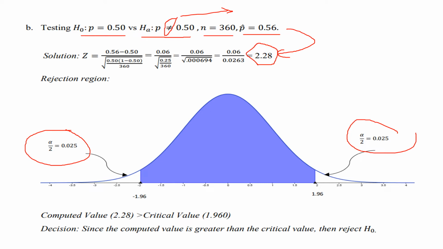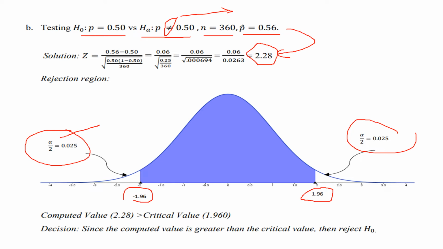Based on here, once we divide your alpha or your level of significance by 2, that will be 0.025. And for the critical values on this two-tailed test, we just simply use the table that we presented a while ago. So that will be negative 1.96 and positive 1.96 here. So there is a positive and negative value of 1.96 because both your left and right side of your normal curve will be considered.